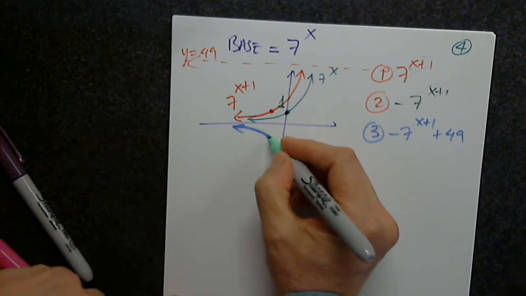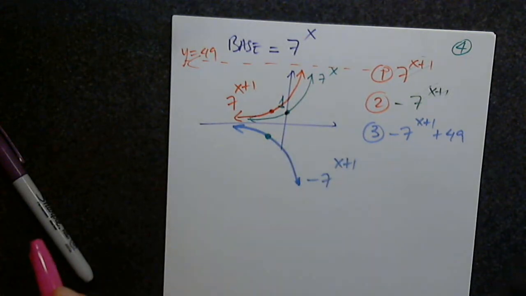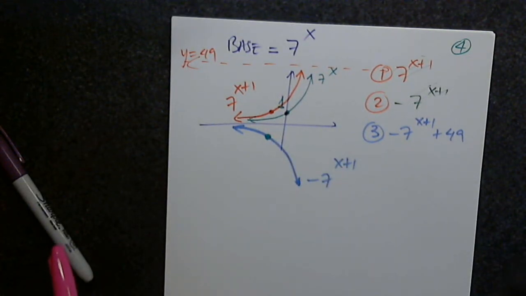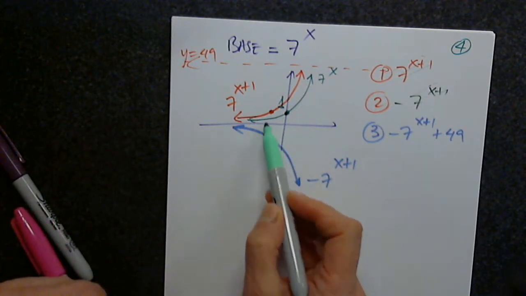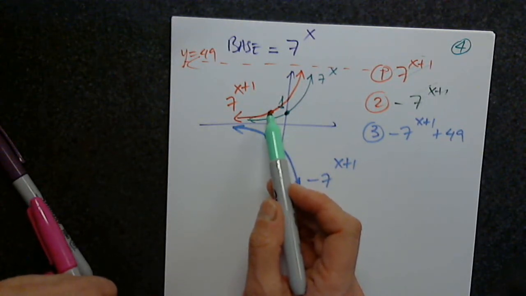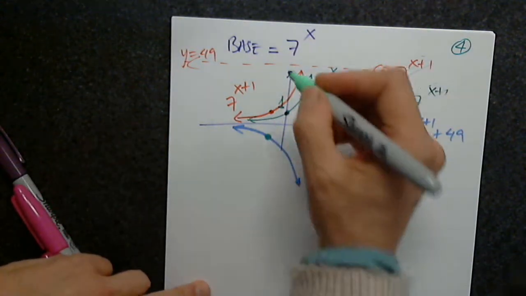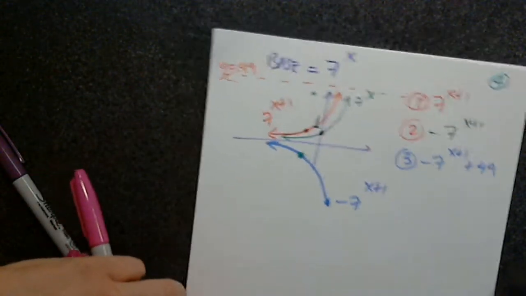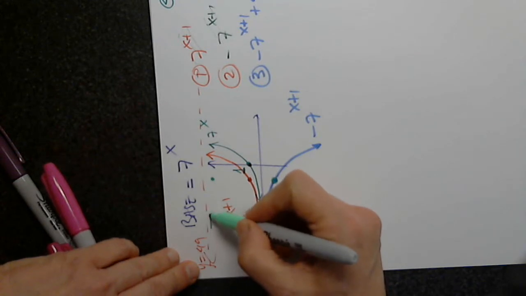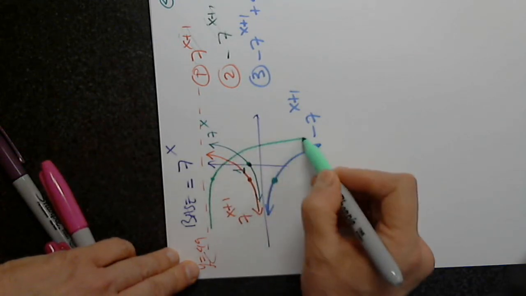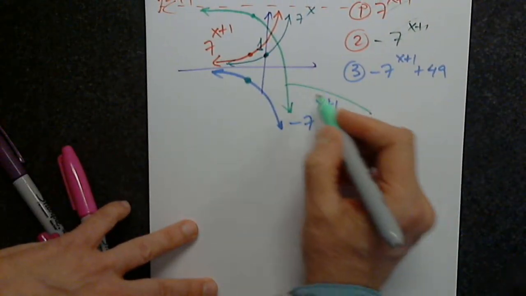Okay, so now please tell me, where does this move, and I will graph the final graph. Negative 1, comma, excellent. Negative 1, comma 48, and here's the graph. So this is the final graph.